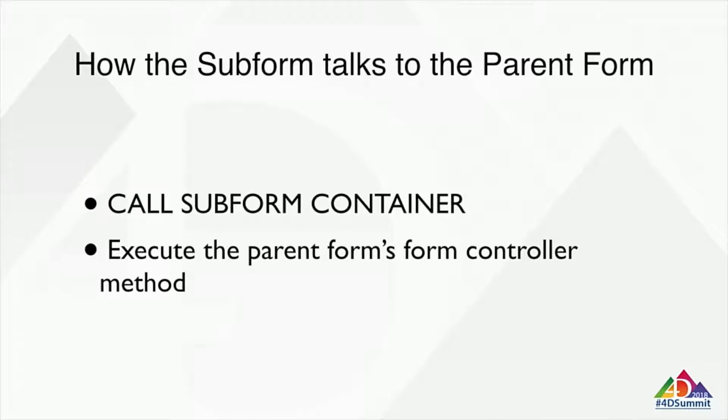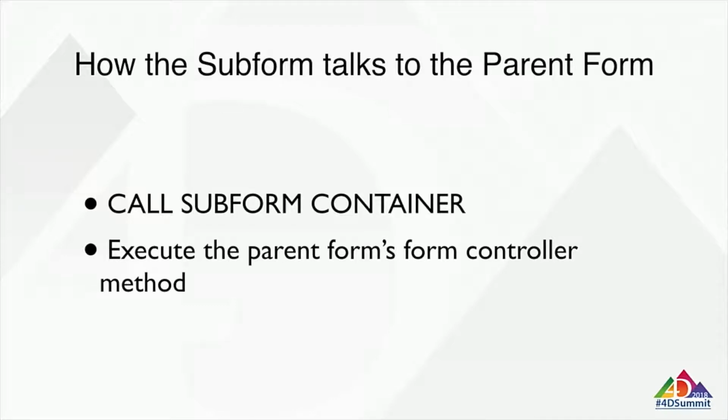The value is arbitrary. It can be anything. It's recommended that we use negative numbers just to avoid confusion with the regular form events that 4D uses as positive numbers, but it doesn't have to be. You can use it to mimic a form event. I recommend against that.